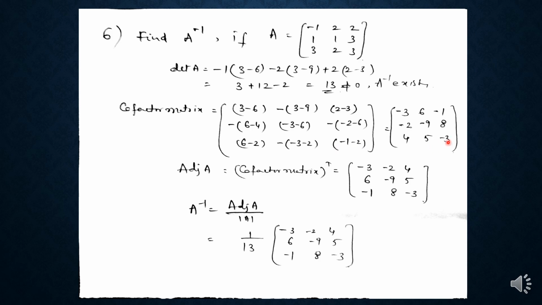So thus we got the cofactor matrix: minus 3, 6, minus 1, minus 2, minus 9, 8, 4, 5, minus 3.